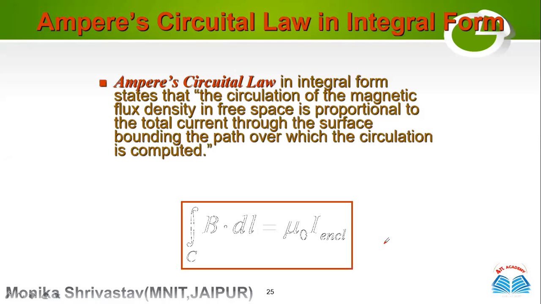The formula to remember is the closed integral of B dot dl equals mu naught I enclosed, I ENCL. What does this mean? I enclosed means the current in any closed circuit or in any closed loop.